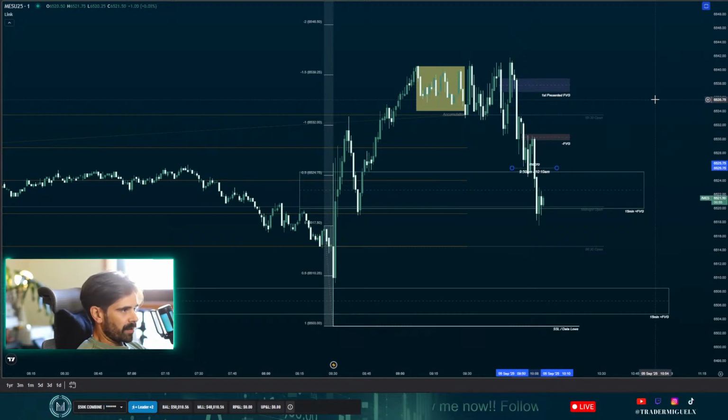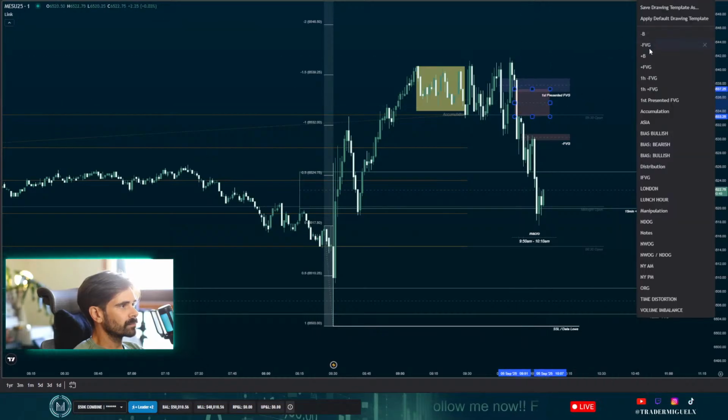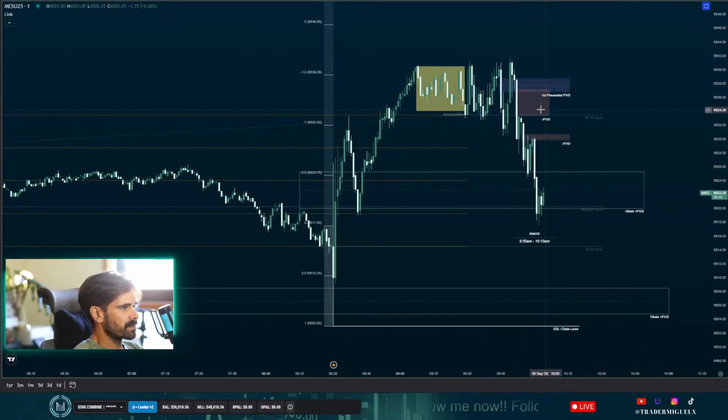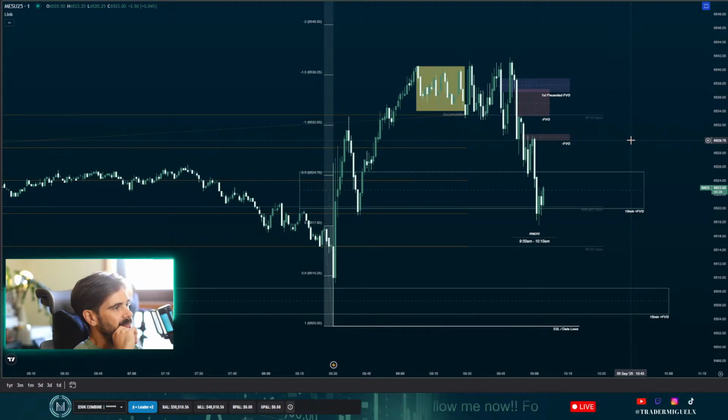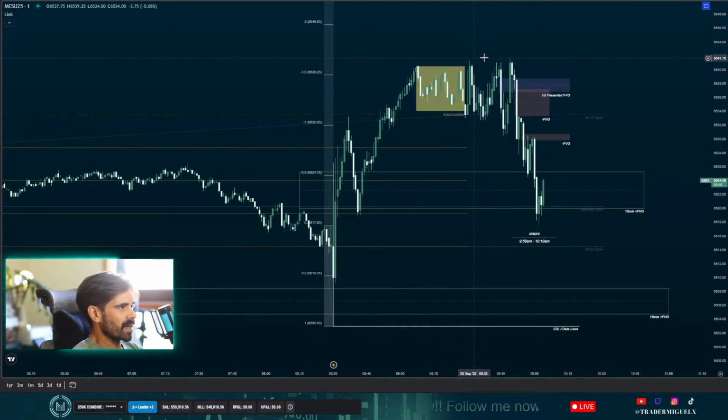We are inside a macro. Bearish fair value gaps were respected here. So in fact, there was no model for me to enter so far. And I really didn't like how price just left these highs.